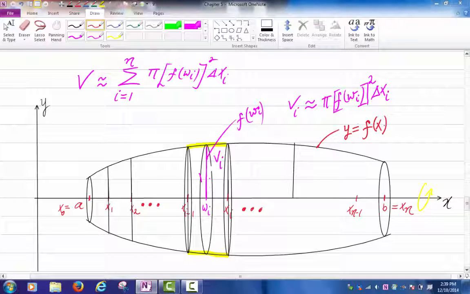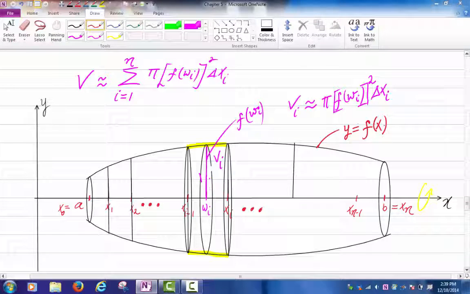I'm going to get small pieces. How many small pieces am I getting? As many as the subintervals I have. I took a partition, so for each subinterval, I have a small piece.